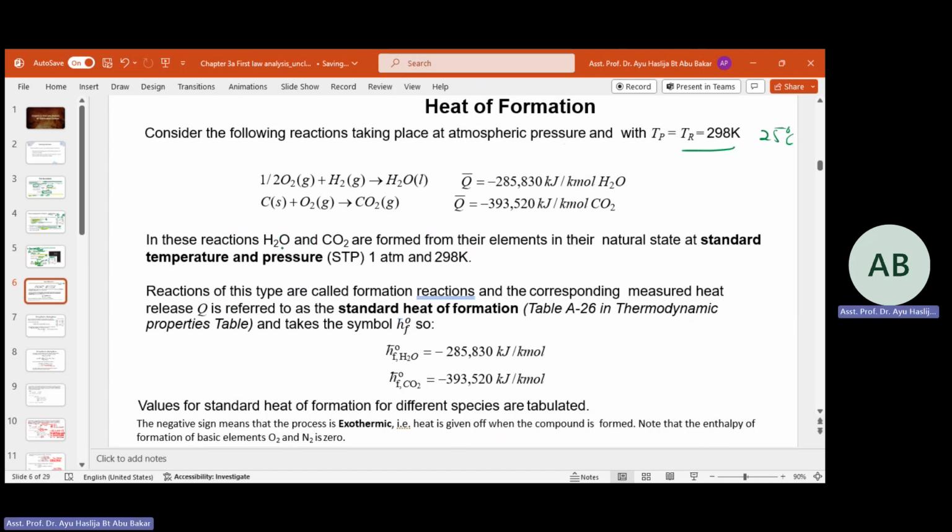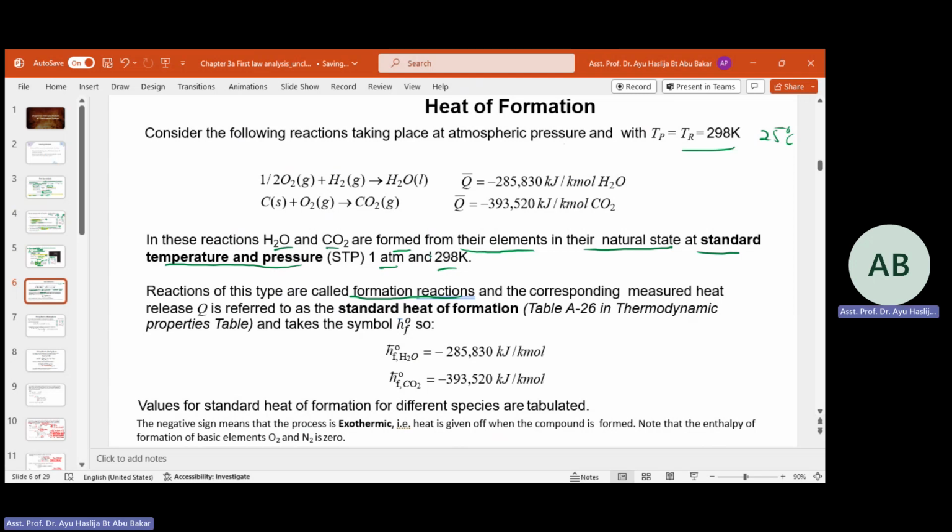In this reaction, H2O and CO2 are formed from their elements in their natural state at standard temperature and pressure, 1 atm and 298K. This is called a formation reaction.